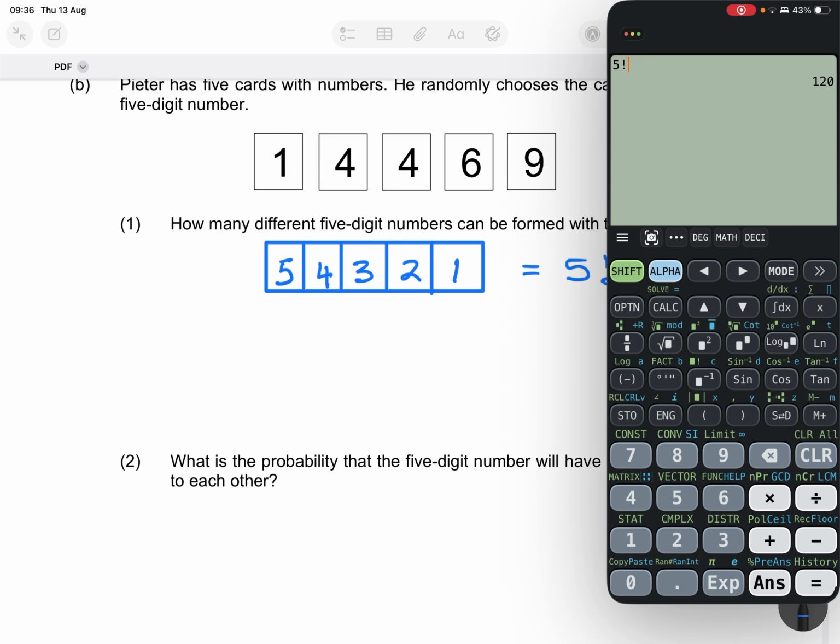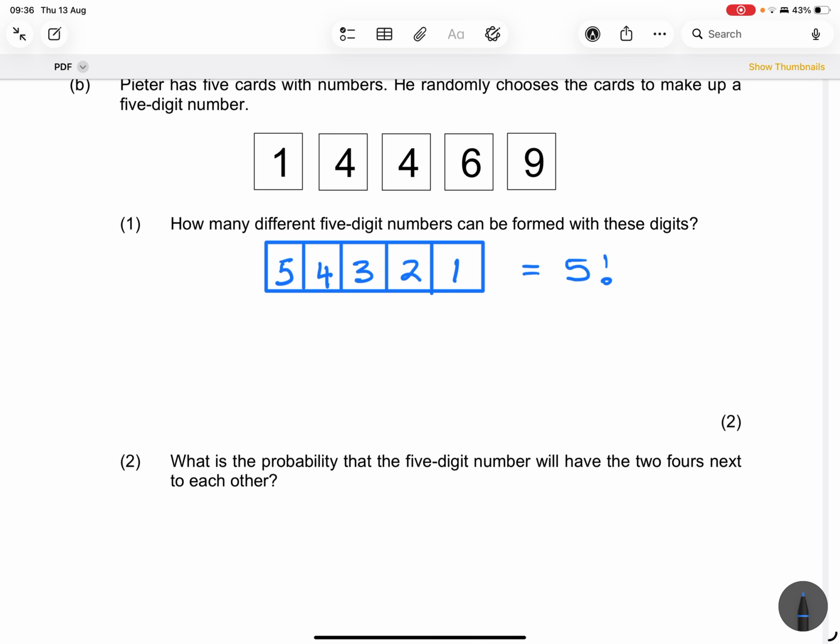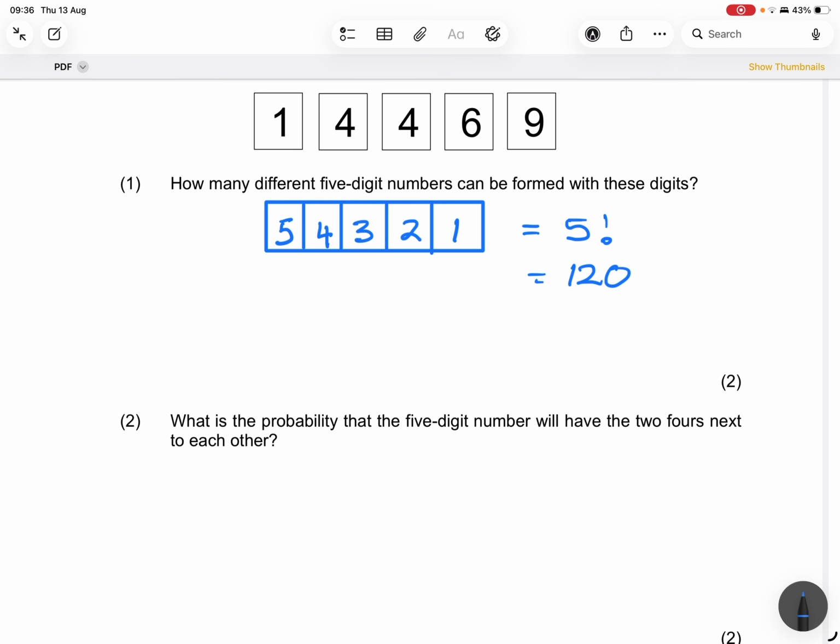That's 120. So that's 120. All right, now they say to us, what is the probability that the 5-digit number will have 2 4s next to each other?